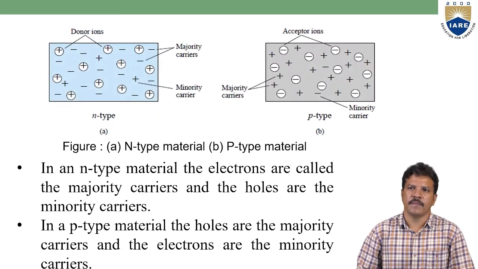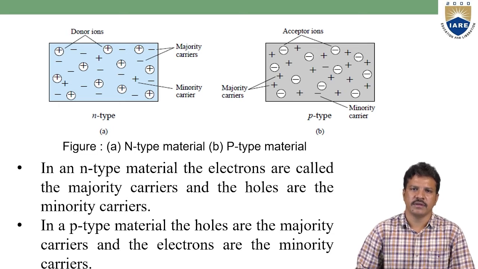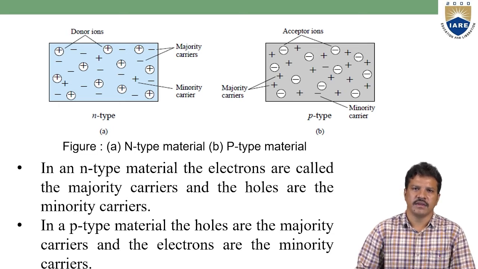This is the n-type material and p-type material substrate. If you see the n-type material, the minus symbol represents the majority carriers, called electrons, and the plus symbol represents the minority carriers, called holes, and the plus with a circle is nothing but donor ions in n-type material.